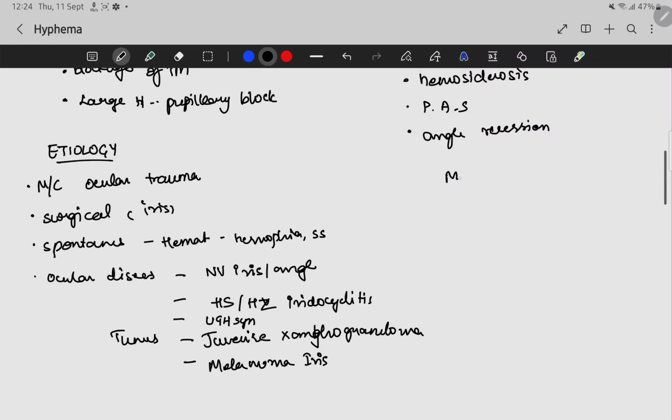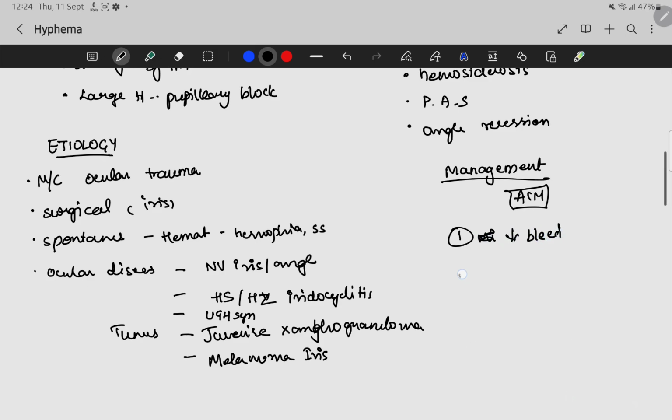Then coming to the management. So what are the aims of the management? So we have 4 aims. So the first one is to minimize the bleed, reduce the chances of bleeding. We have to control the pressure.